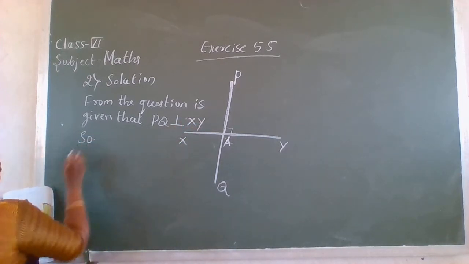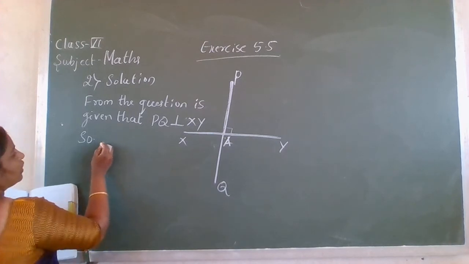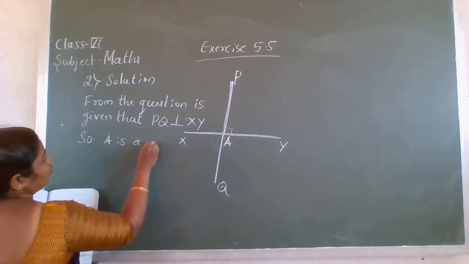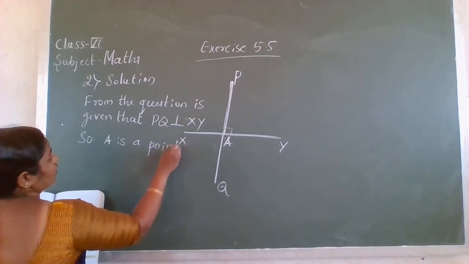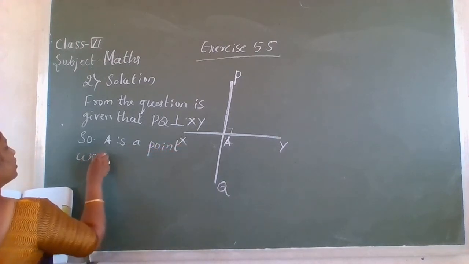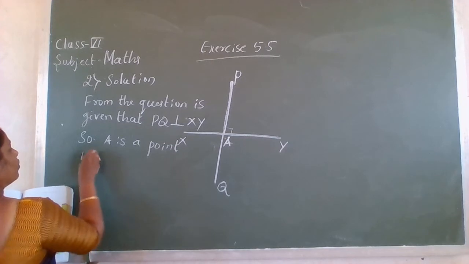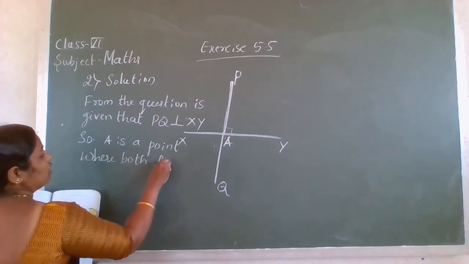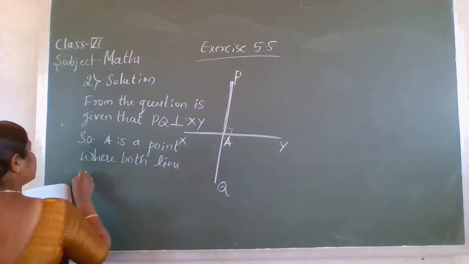So A is a point where both the lines intersect.